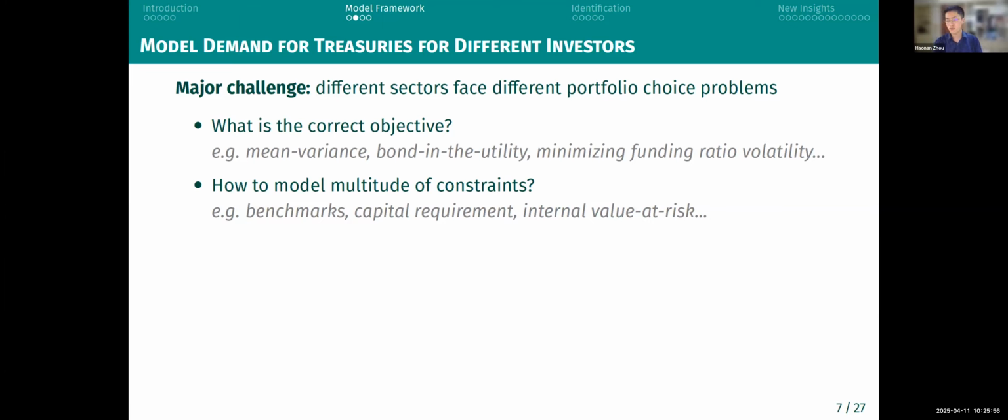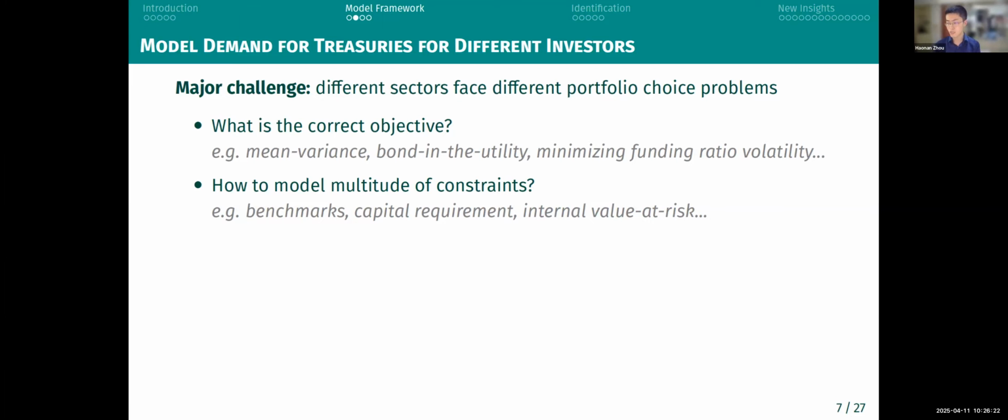Some investors may be like a life insurer who wants to do some duration matching and make sure that the life insurance premiums they collected can be invested in some safe asset. So different investors may derive different utilities from holdings of treasuries, and they may also be subject to different types of constraints or investment mandates.